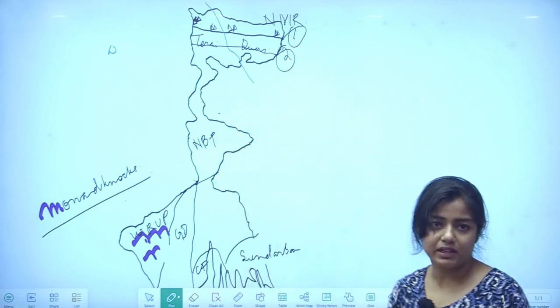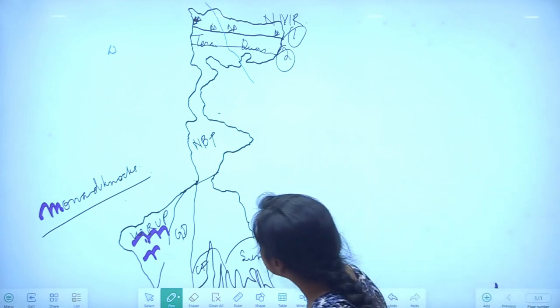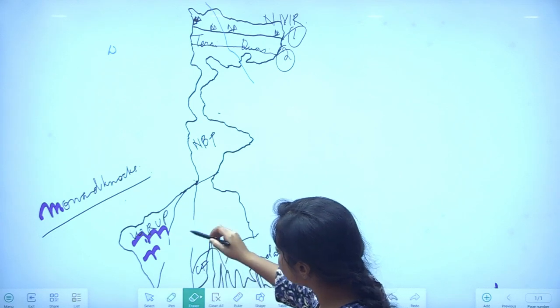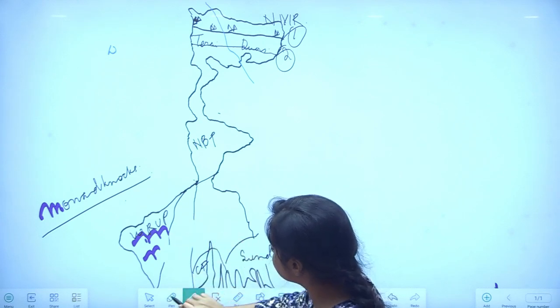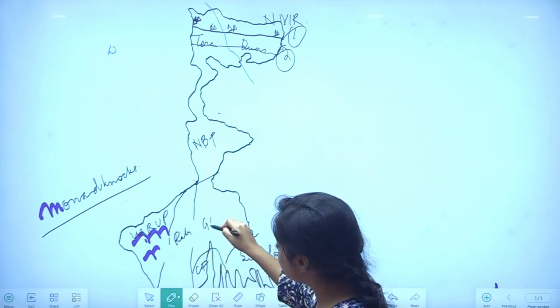I guess I am clear. So this is not Ganga Delta, this is the Rar area, and this is Ganga Delta area.